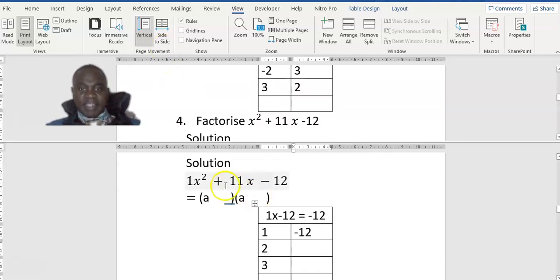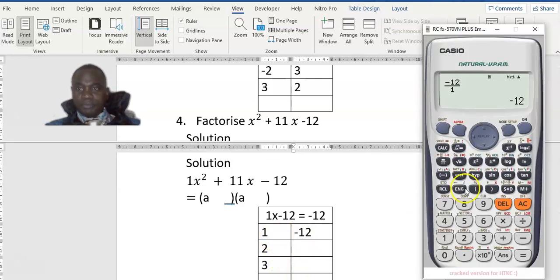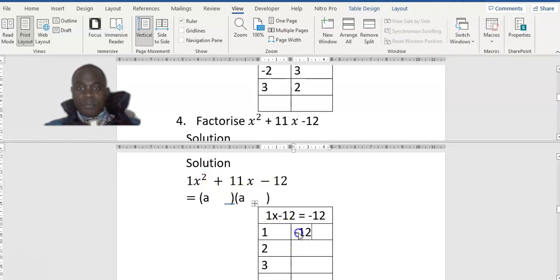Okay, let's see whether it satisfies the middle one. Okay, so 1 minus 12. It gives us minus 11. Does it satisfy? No. Remove this negative and put the negative here.